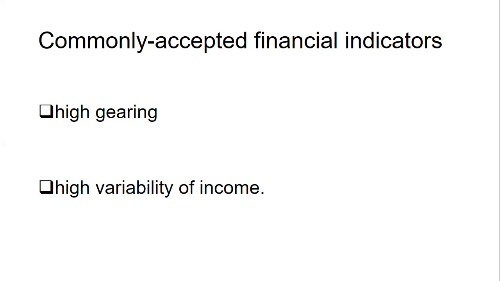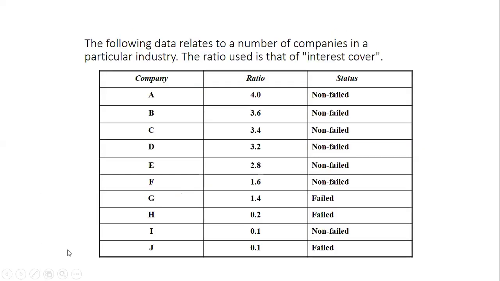So using the research that I did, using interest cover, how much they could pay their interest, that is their finance interest, with the profits they had. If you look at it, they use companies A to J, right? Which had failed, and then those which had not failed. Company I had not failed, and company J had failed.